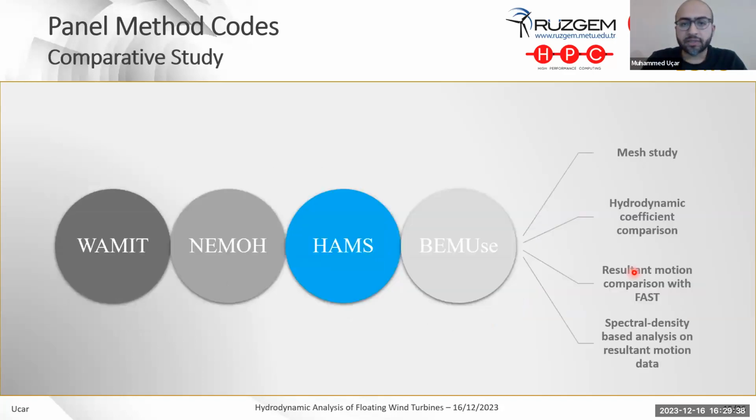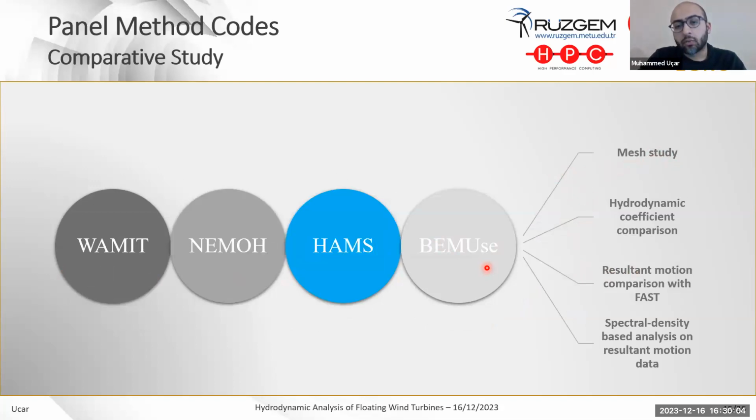So how did we compare these panel method codes? We compared them in four senses. Firstly, regarding their responses to mesh refinement. Then we compared the direct results of these structures: the excitation forces, added mass and radiation damping.